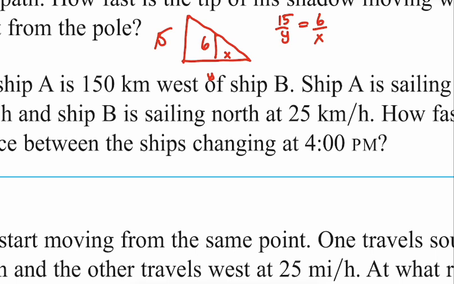But be careful because it says the speed of the man is 5 feet per second. That relates to this chunk right here because that's his speed. That's relating to his distance from the pole because the man is right at this spot. So remember, that spot right there is y minus x.